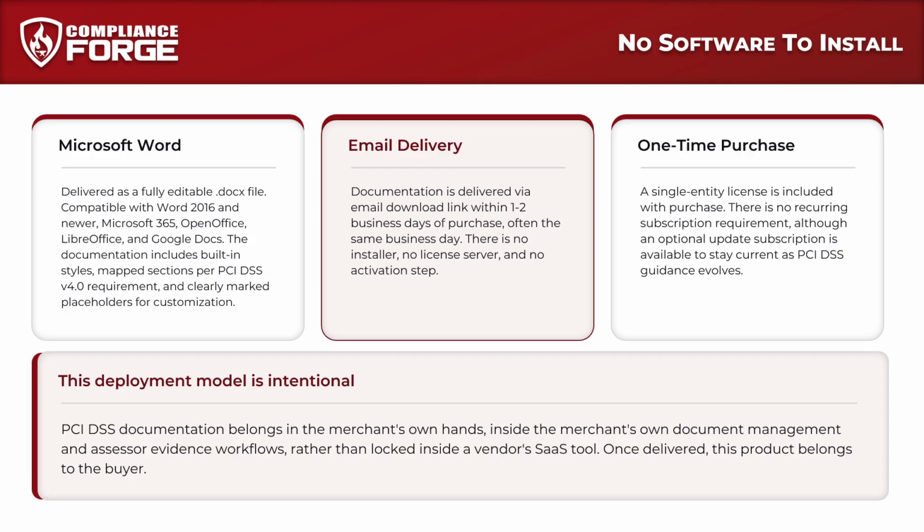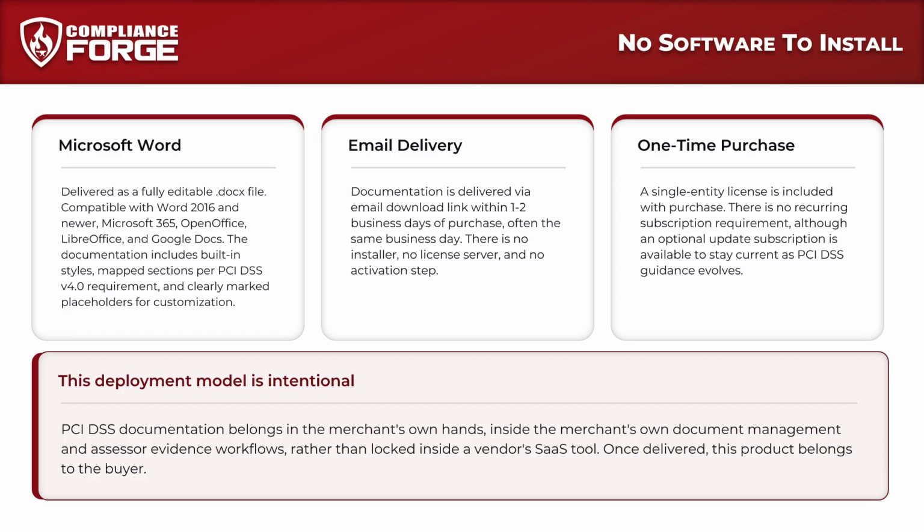There is no installer, no license server, and no activation step. And it is a one-time purchase. A single entity license is included, and there is no recurring subscription requirement, although an optional update subscription is available to stay current as PCI DSS guidance evolves.